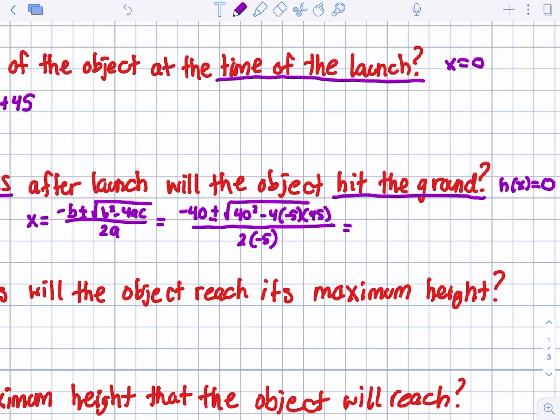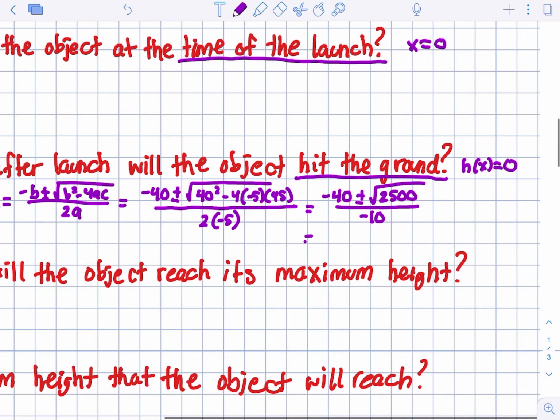Now when you put this in your calculator, you take the square root of that, 40 squared, 2,500, all over negative 10.